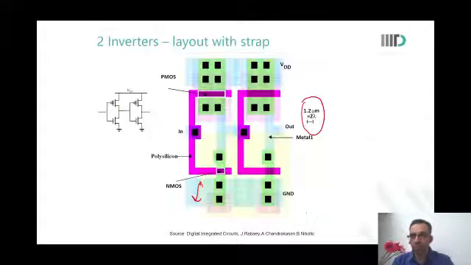Earlier, people thought that I don't even need to make extra wires. You see, the out is going out till here and the in is also connected by metal to here. You just abut them and they get connected. So that was the intent at some point of time, but not really needed.